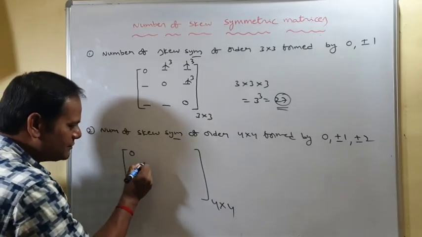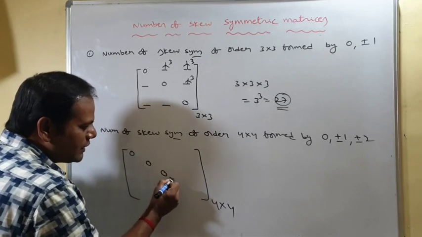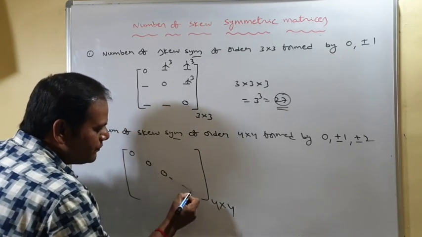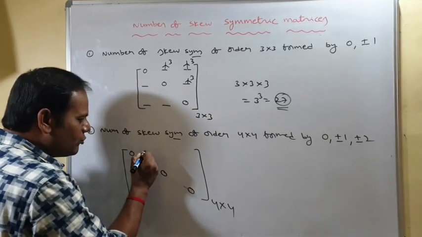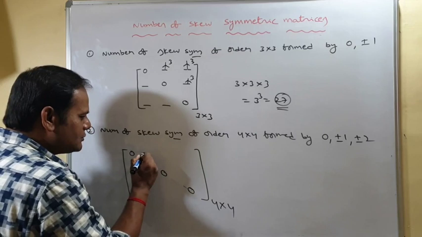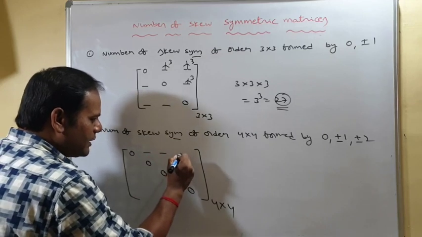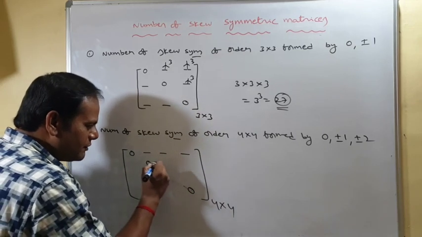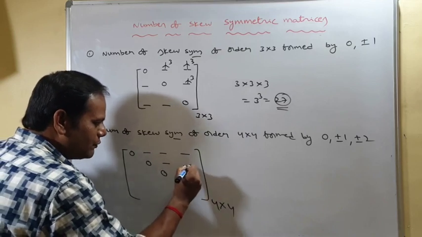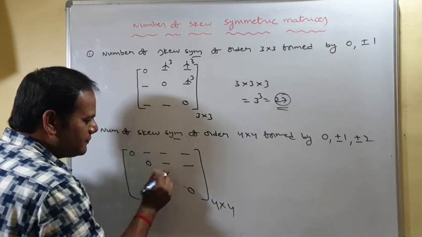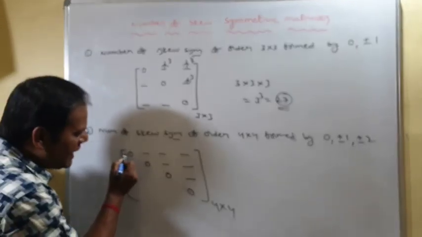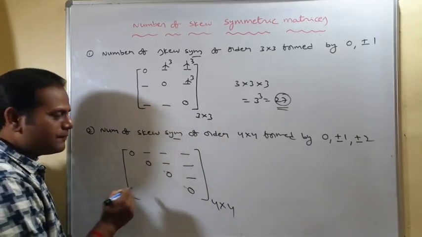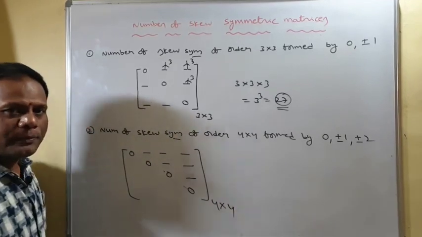So take them zeros. 0, 0, 0 and so on. Now remaining here, how many gaps will be there? So 1, 2 and 3. So here in this row 1, 2 and here we have one gap. So this is the upper triangular portion of this 4 cross 4 matrix.